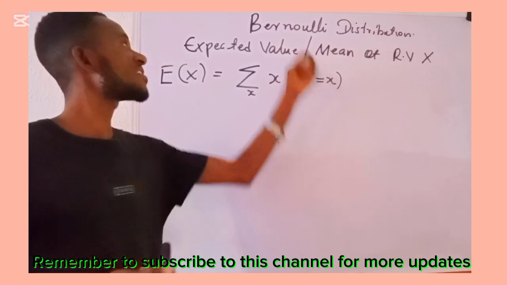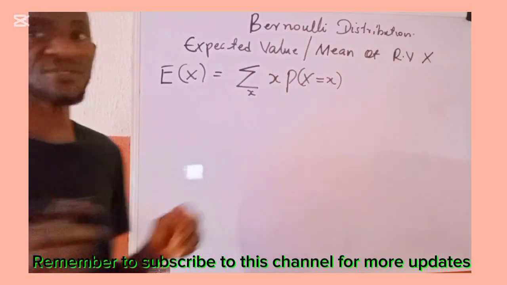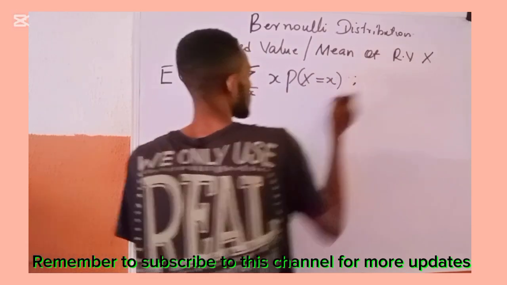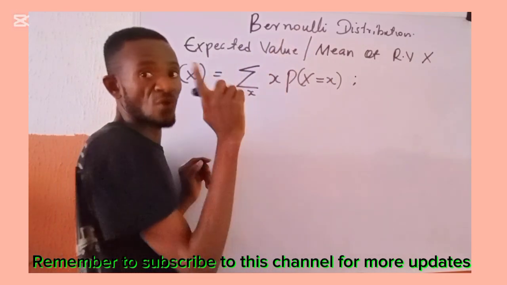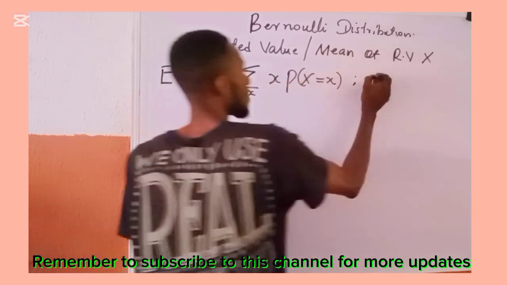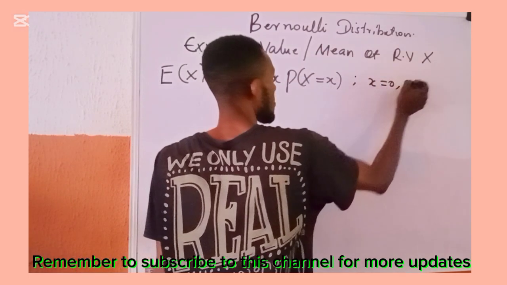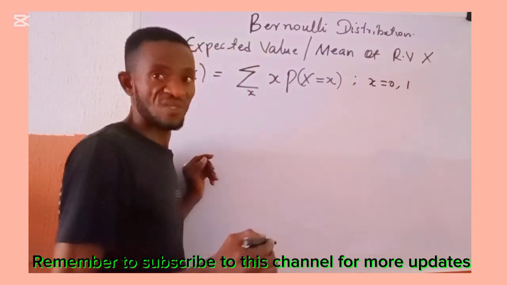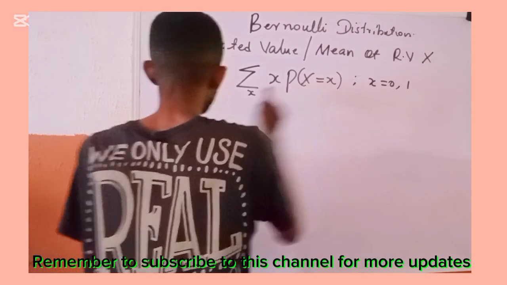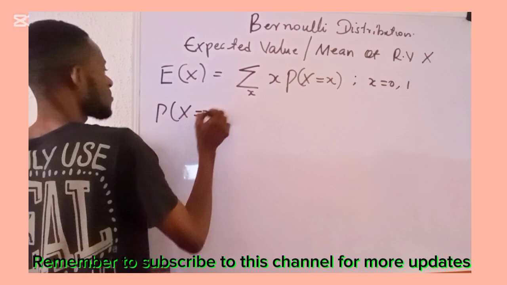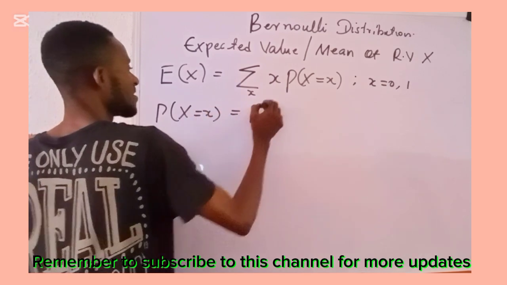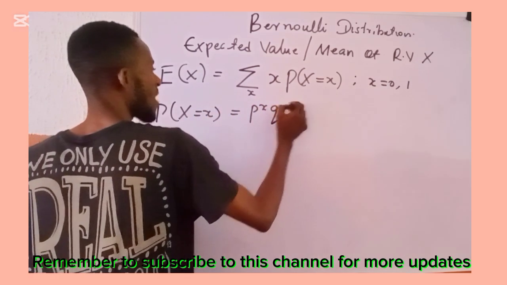But remember that we are discussing the Bernoulli distribution. You know that in the Bernoulli distribution, the random variable X takes only two possible outcomes, so we have that x is 0, 1. And you know that in the Bernoulli distribution, P of capital X equals small x is described as p to the x, q to the 1 minus x.